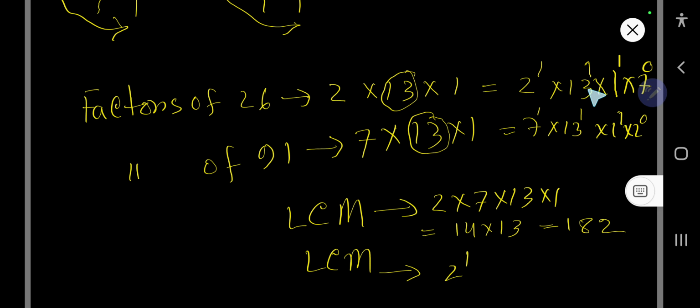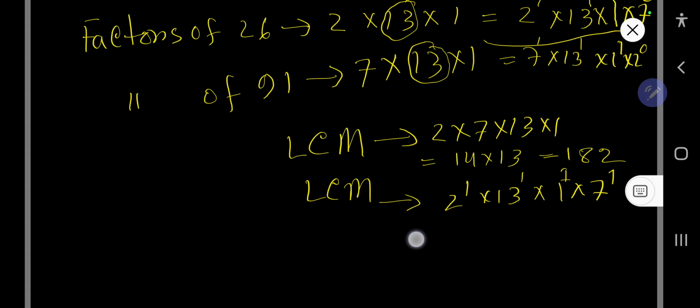Then for 13 we will consider the highest power, that is 1, times, for 1 the highest power will be 1, right? And for 7 the highest power, here 0, here 1, so we'll take 1.